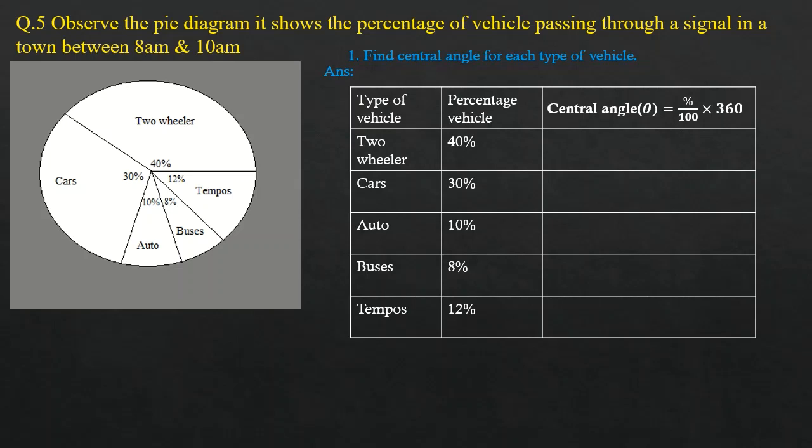Updating, first percent दिया है 40 upon 100 multiplied by 360. Next is 30 upon 100 multiplied by 360. 10 upon 100 multiplied by 360. 8 upon 100 multiplied by 360 and 12 upon 100 multiplied by 360. So simplifying this, तो सब में 360 upon 100 सेम है, उन दोनों को सिंप्लीफाई करेंगे.